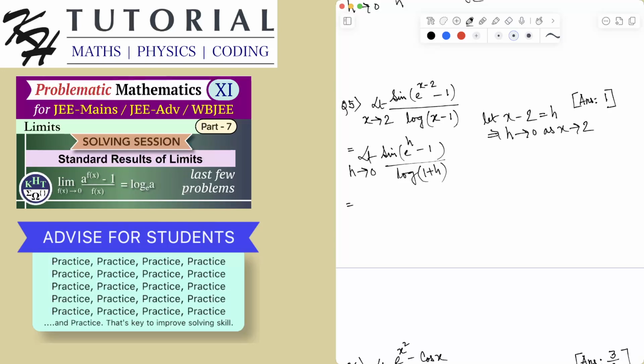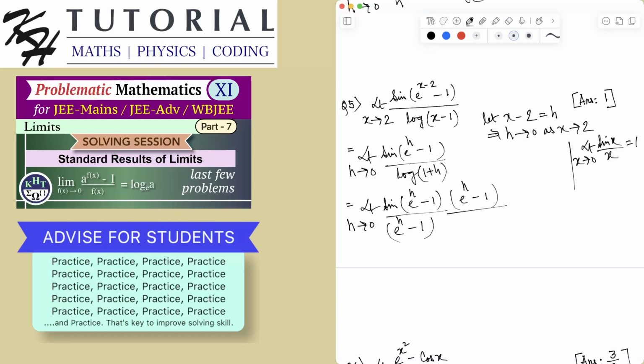We can see e to the power h minus 1 is tending to 0 when h tends to 0. So to apply the standard result that limit x tending to 0 of sin x by x is equal to 1, I will create the x. Over here the x is e to the power h minus 1. So I will create e to the power h minus 1, then adjust it, and I have log of 1 plus h.